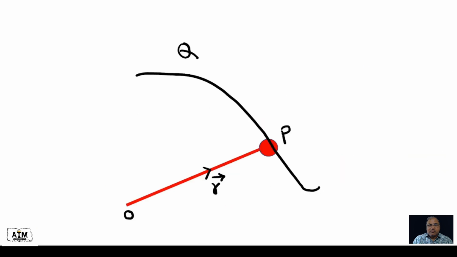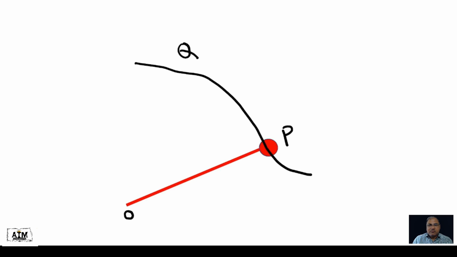Now consider a point P on the curve. We have the vector OP. The vector OP is given by vector R. The point P is moving along the curve.